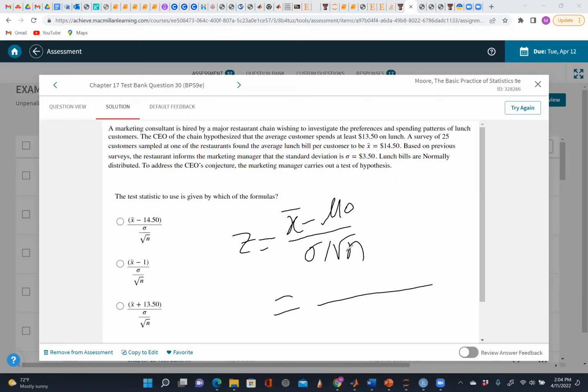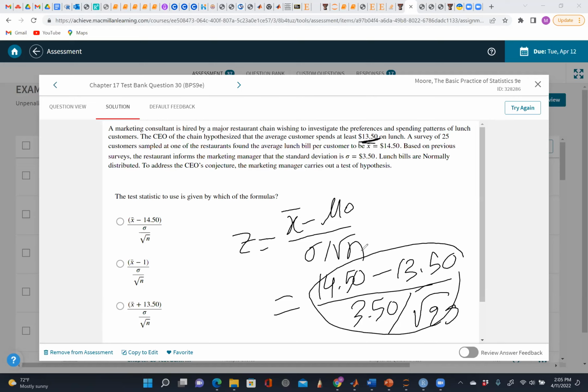Here X bar is 1450, mu 0 is the hypothesis value, the claim, and sigma is the standard deviation, which is 350, divided by the square root of 25. So this is the answer.